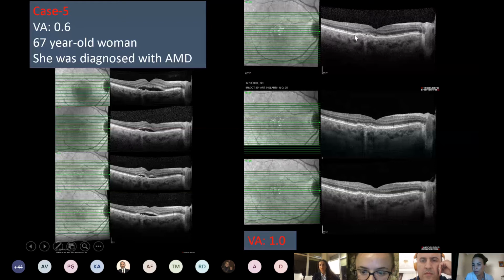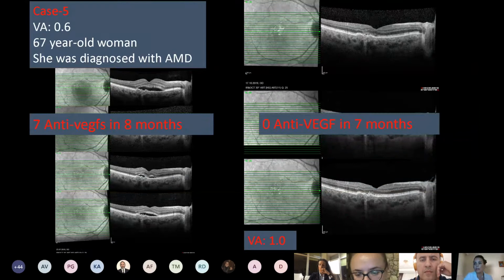There is a flat irregular pigment epithelial detachment in the parafoveal area, but since the center is very healthy and the outer retinal layers are continuous with each other, the vision increased to 1.0, and the patient is very happy with the result. As a summary, 7 anti-VEGF injections in 8 months, then 0 anti-VEGF injections in 7 months, and I was very happy with the results, because for 7 months I never used any anti-VEGF injection for this lady.